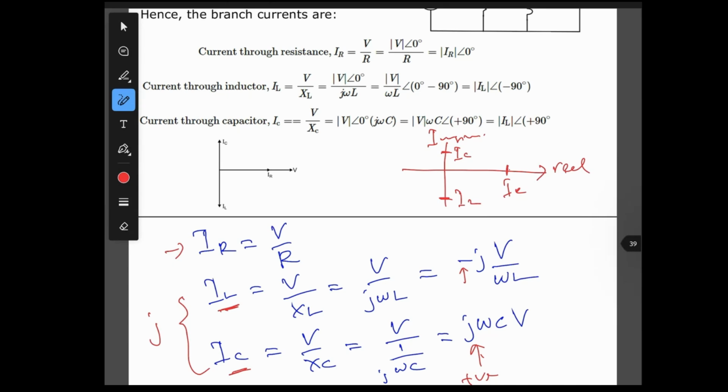For imaginary there is a J number; for real there is no J number. So the capacitor current is on the top, and the inductor current is on the bottom, the negative part.